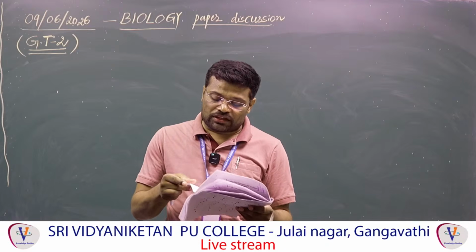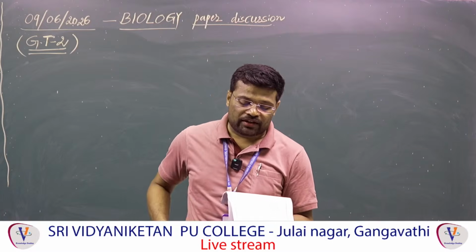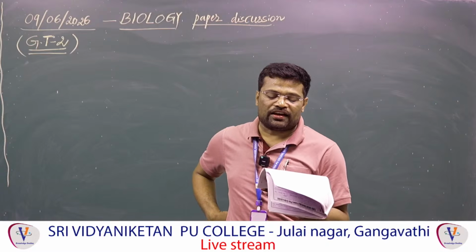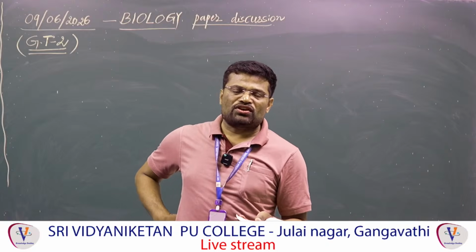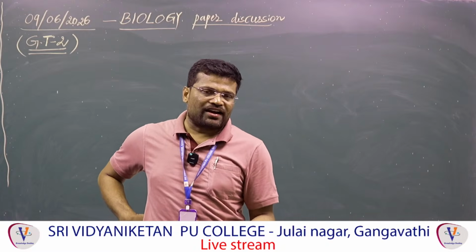And question number 132. Choose correct statements from the following. A. The secretory phase of the menstrual cycle is regulated by progesterone. 100% correct, because progesterone secretion takes place during the secretory phase.